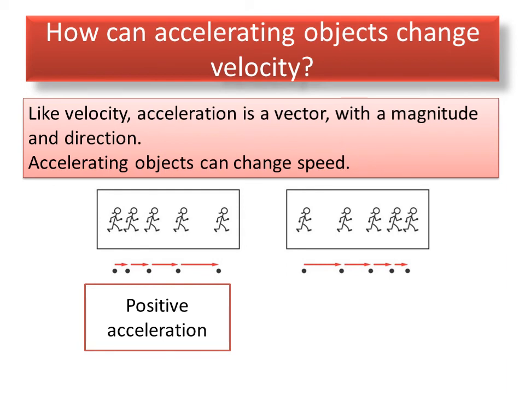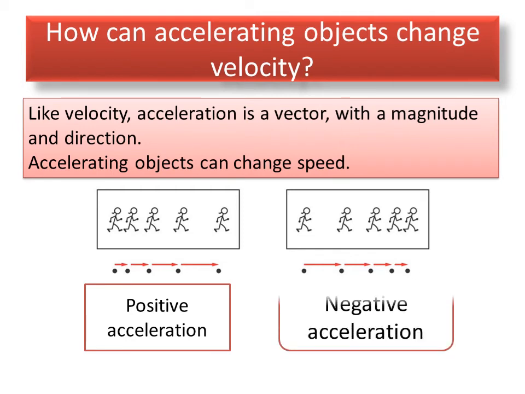While if you look at the picture to the right, the person is slowing down. This is represented by the accelerating vector getting shorter. So he is slowing down, and we call this acceleration negative acceleration. In other words, they call it deceleration.